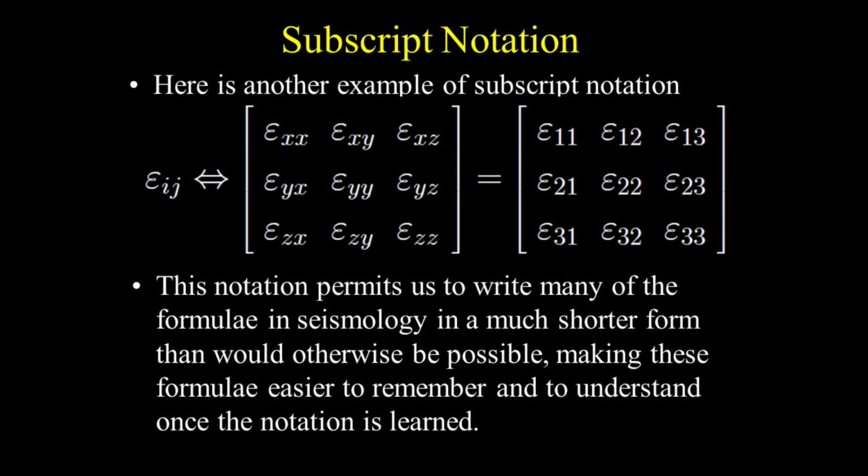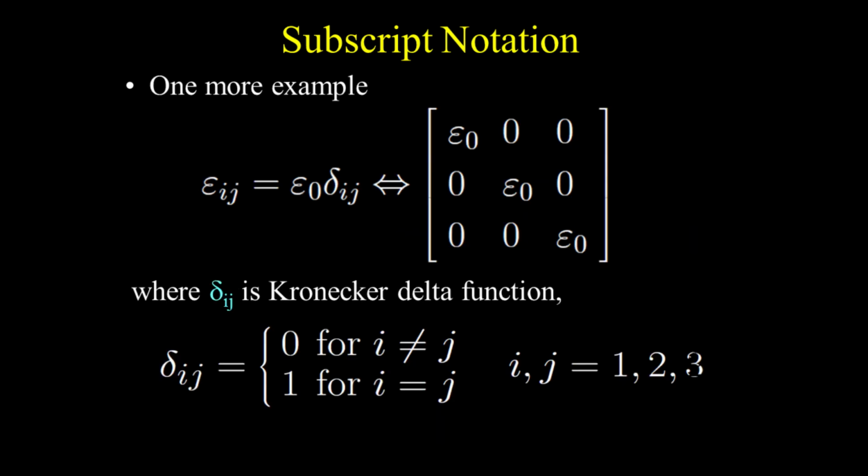Here is another example of subscript notation. This notation permits us to write many of the formulae in seismology in a much shorter form than would otherwise be possible, making these formulae easier to remember and to understand once the notation is learned. Here's one more example, where delta_ij is the Kronecker delta function.